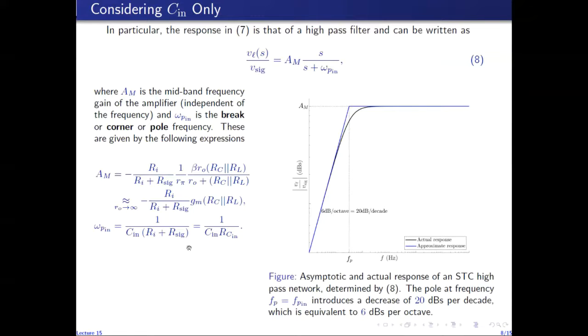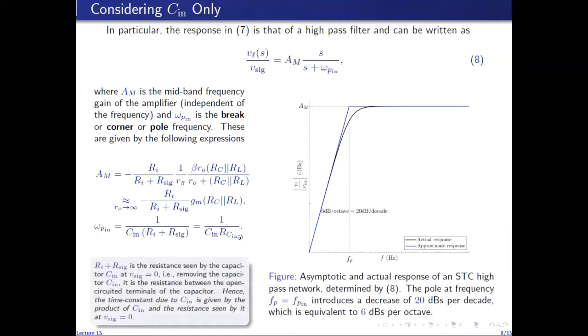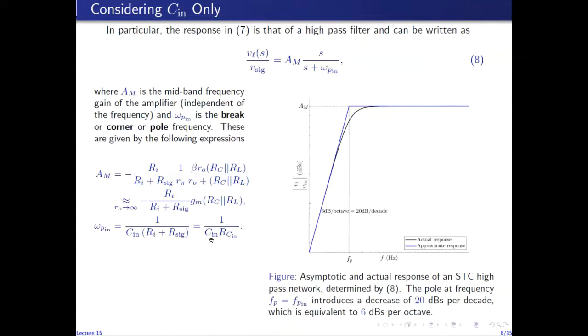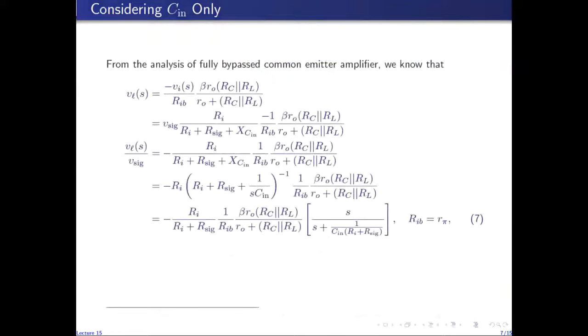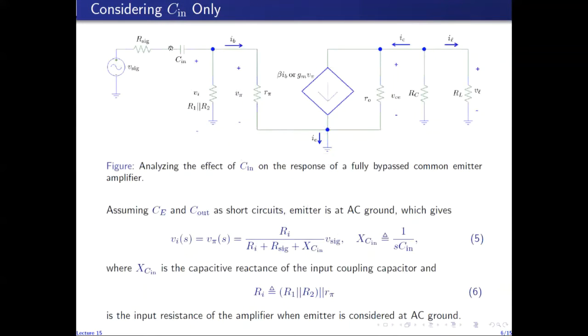And from the inspection of this expression here, we see that I've written the resistance Ri plus R sig as RCN. So RCN times Cn is the time constant associated with Cn, and RCN is the resistance seen by Cn. That is, if I open circuit the terminals of the capacitor Cn and find the resistance between these open circuited terminals at V sig equal to 0. So I short circuit V sig, I open circuit Cn, and I measure the resistance between this terminal and this terminal.